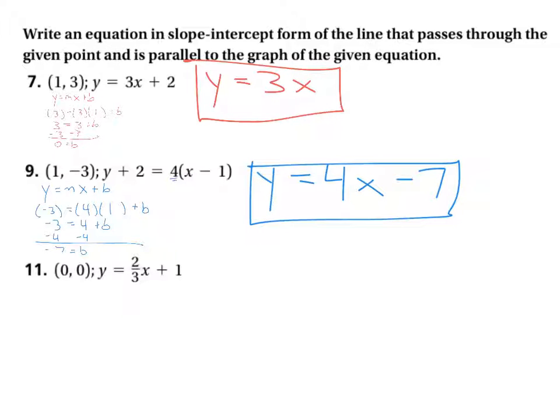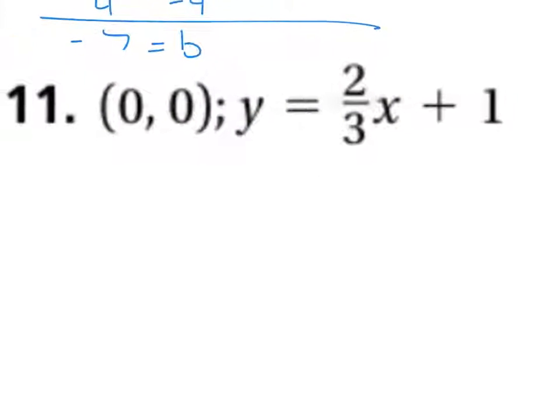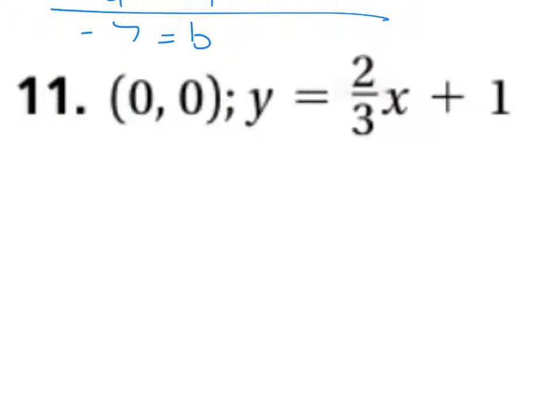Let's go one more for number 11. I'm going to zoom in and pick a different color. Let's use green. We say, okay, if we have y equals mx plus b, we're going to substitute y with the y-coordinate they gave us, 0.